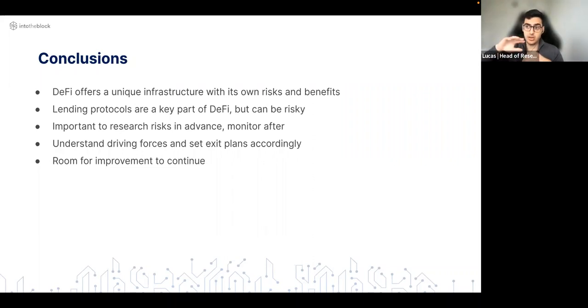I think especially the economic risks are worth monitoring afterwards, as I mentioned, because they can be mitigated and you can do more about them than technical risks. It's important to understand all the forces at play and set exit plans accordingly. And there's room for improvement, and we hope that in general as an industry we continue to improve and build towards a safer DeFi with less risks.